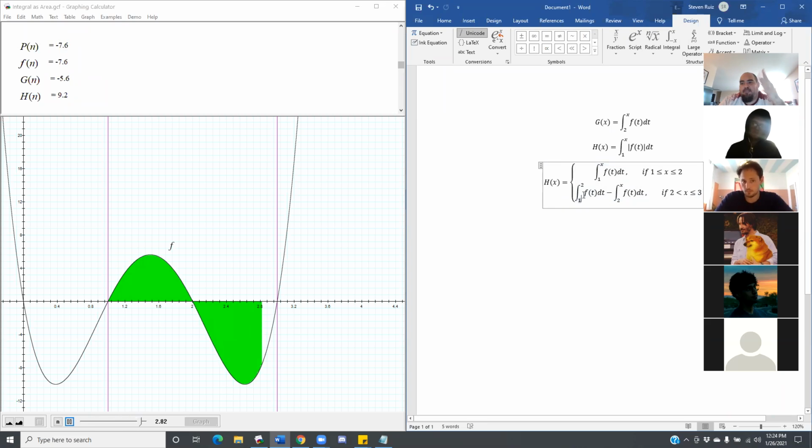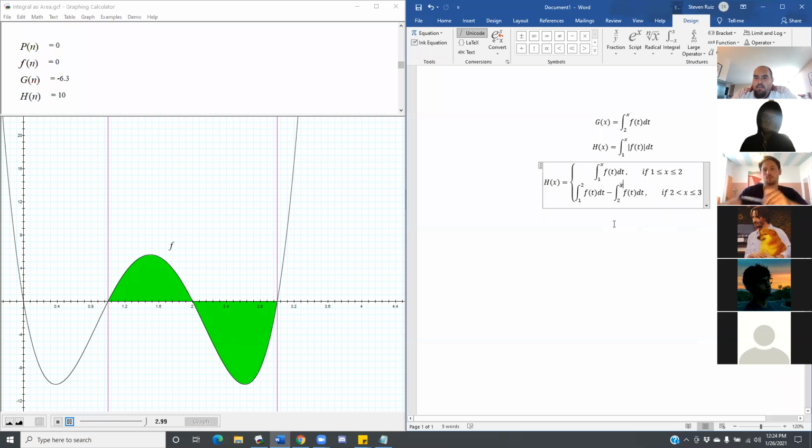Not some portion of it, all of it. So I already know that my lower limit's 1, my upper limit's 2. But since I don't know where I am between 2 and 3, I need to have this upper limit be variable. Any questions on either one of these?